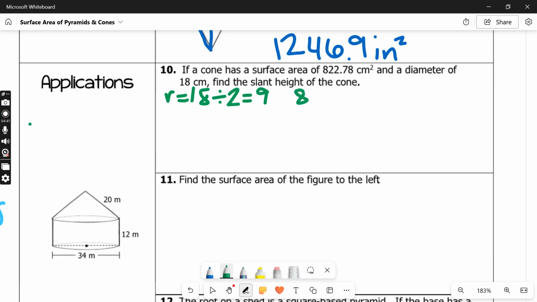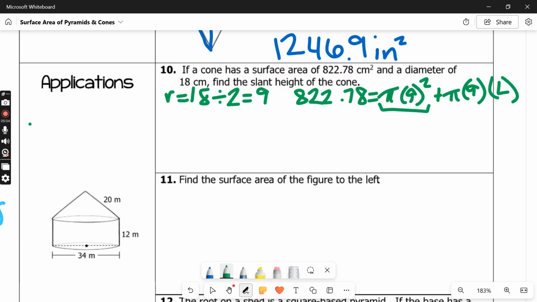So my surface area is 822.78, and then I'm going to have pi times 9 squared plus pi times 9 times L. I'm going to put each of these sections in my calculator. Notice I'm not putting them in together because that L is being multiplied, so they are two separate expressions.